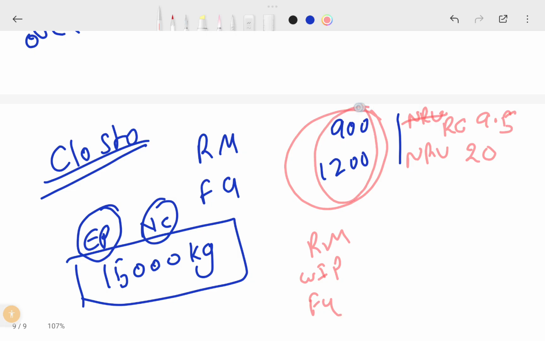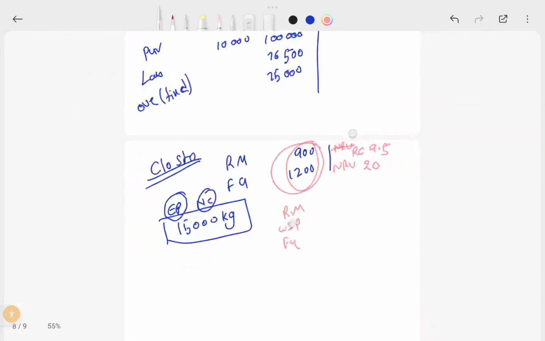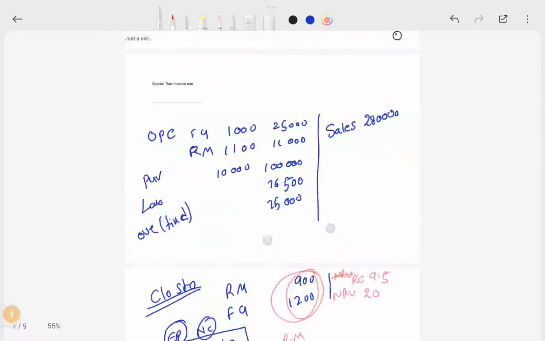The quantity we know. Now we need to see how we need to value these based on this question. See, you understand the question. This is the opening stock and there is raw material. All these are available.